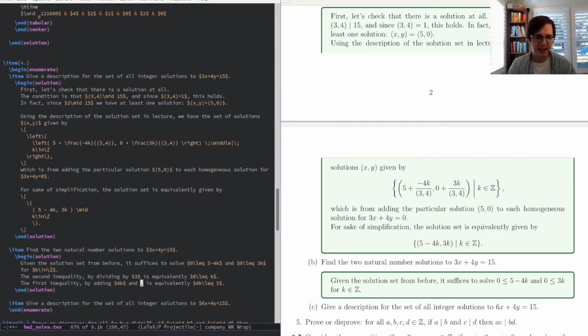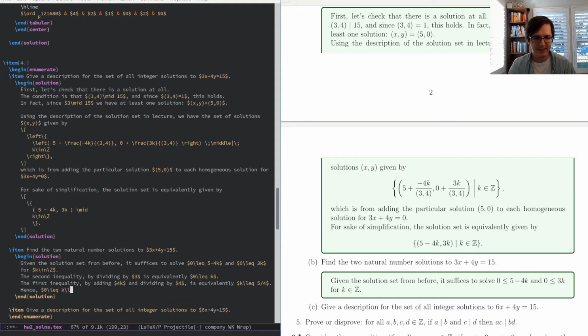By dividing by 4, hence 0 is less than or equal to k is less than or equal to 5/4. The only integers that solve this are k in {0, 1}, because 5/4 is just a bit more than 1.